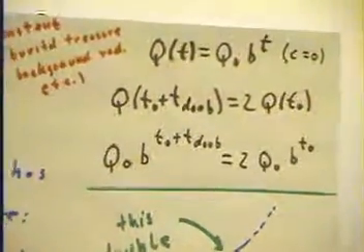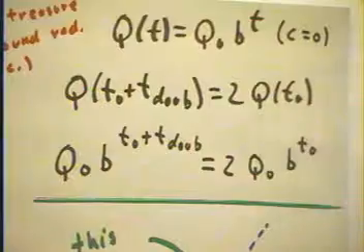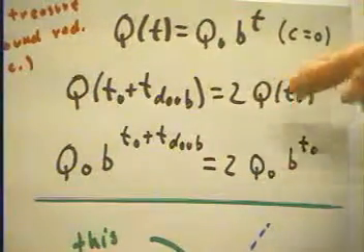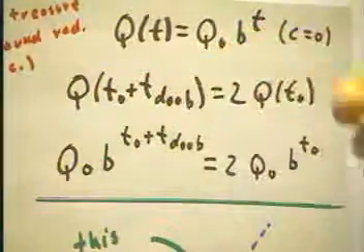So this equation represents the fact that the quantity doubles between clock time t naught and t naught plus t dub.